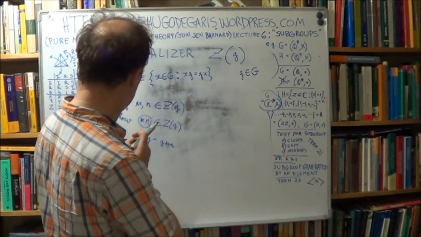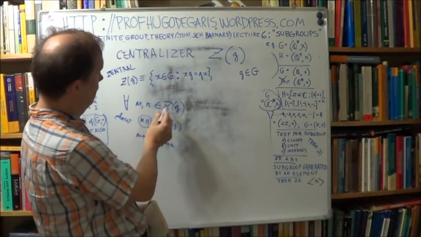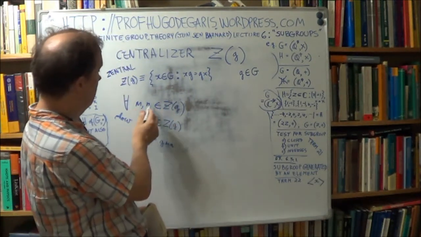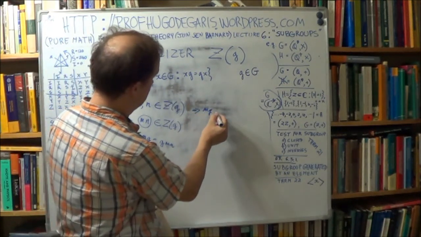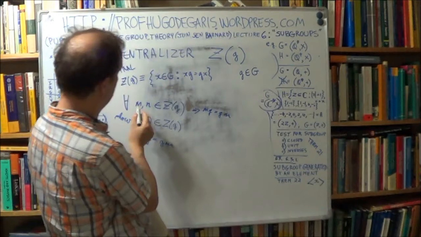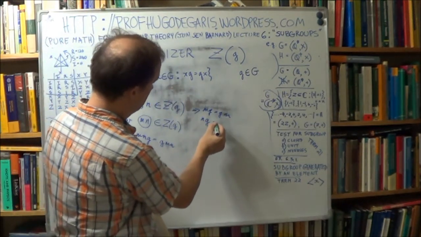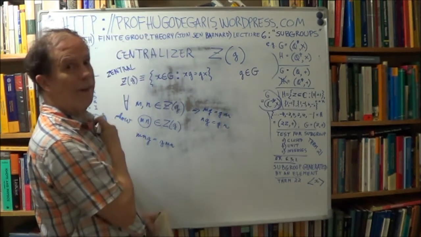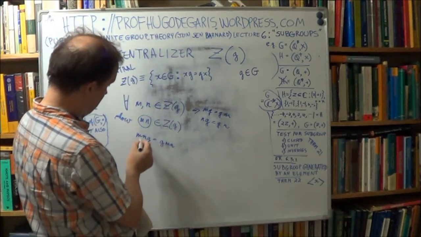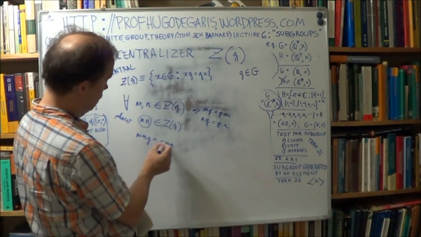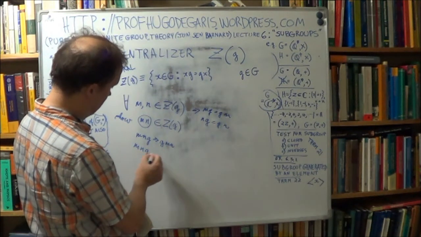How to do that? Now look, m belongs to the centralizer, and n belongs to the centralizer. So this implies that mg equals gm, because m belongs to it, and ng equals gn, because n also belongs to it. Now we can use that here. We have to show that mng equals gmn. So let's play with this.